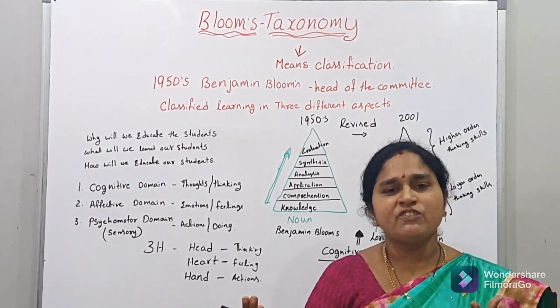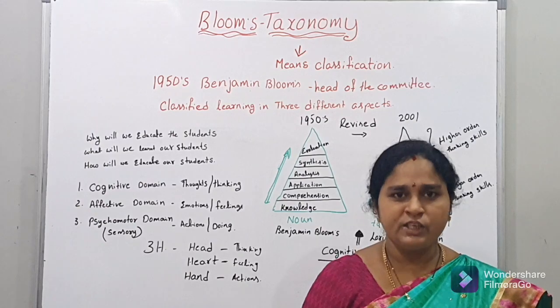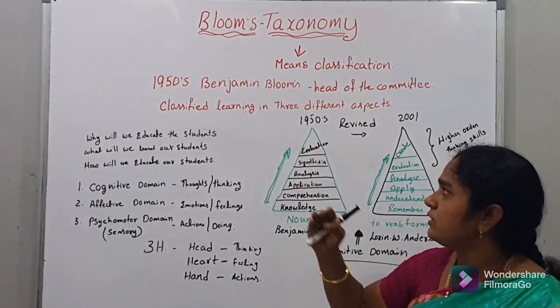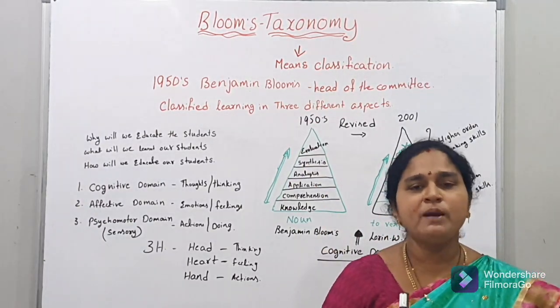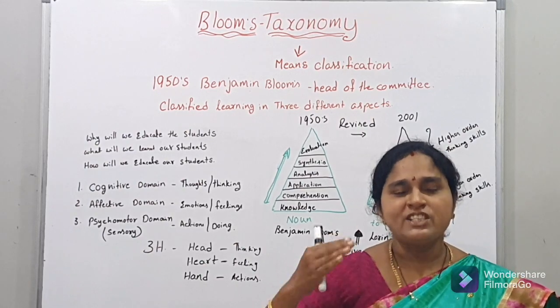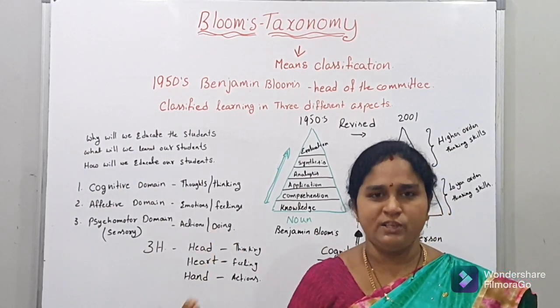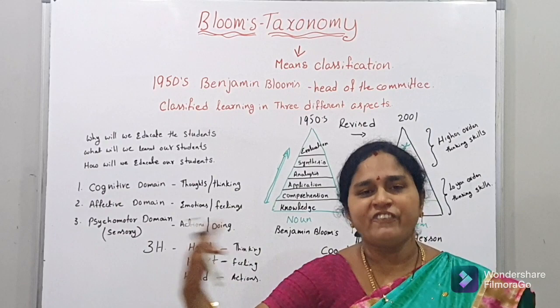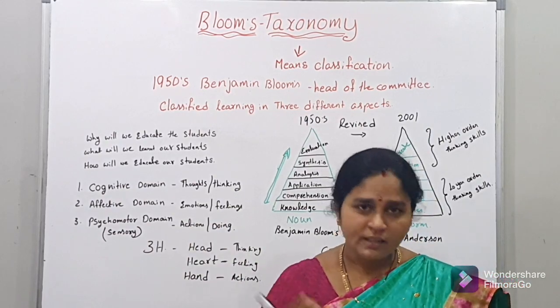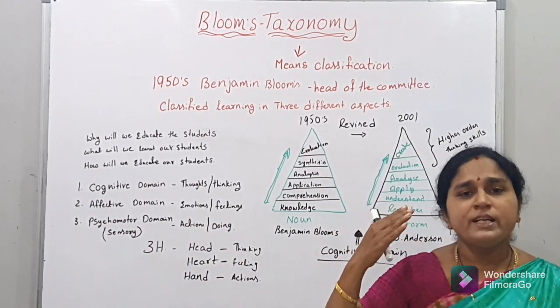Who classified the learning objectives? That is Bloom. In the 1950s, Benjamin Bloom classified the learning objectives into three different aspects. That is the student learner.